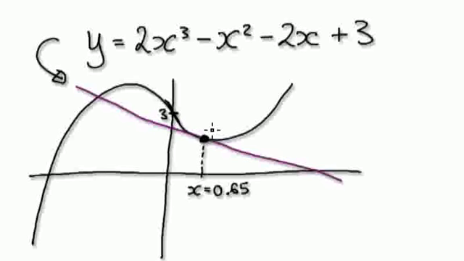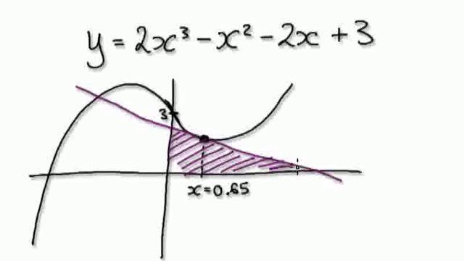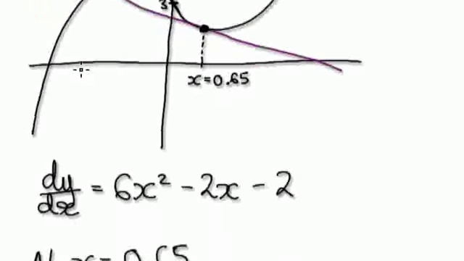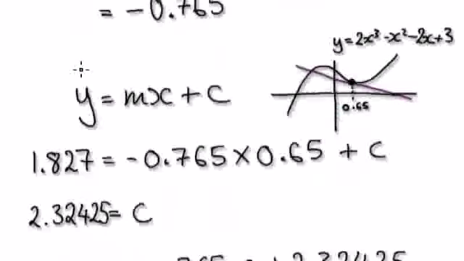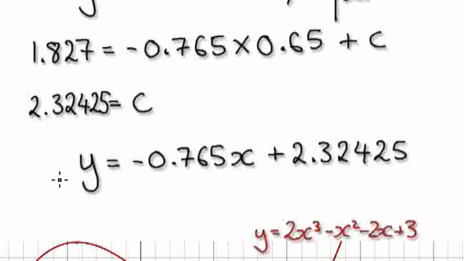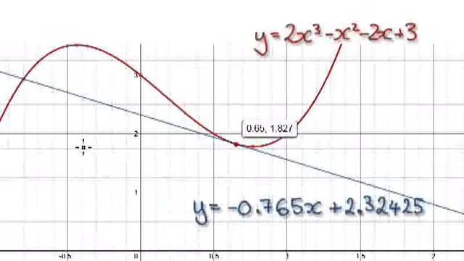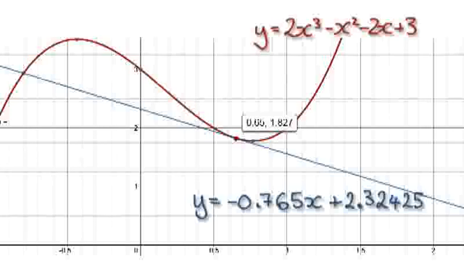You could, if you wanted to, work out the area under the tangent line, or work out the point of intersection here. But we managed to work out the equation of this tangent line, and it's given by this here. So when you plot the two graphs, it will give you this.